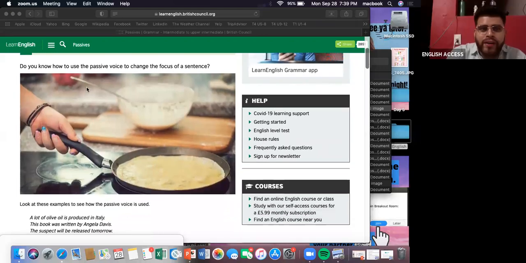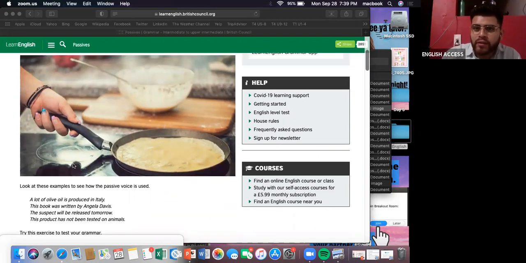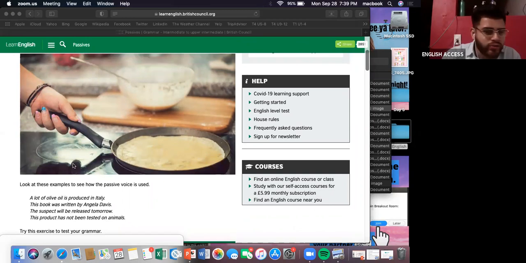Okay, now this is interesting. I had to teach this to other groups last week too, and we made a really good point. You know that the focus of a sentence is usually in the beginning of the sentence. Now, what do I mean by that? If I say he eats tacos, then my focus is he.